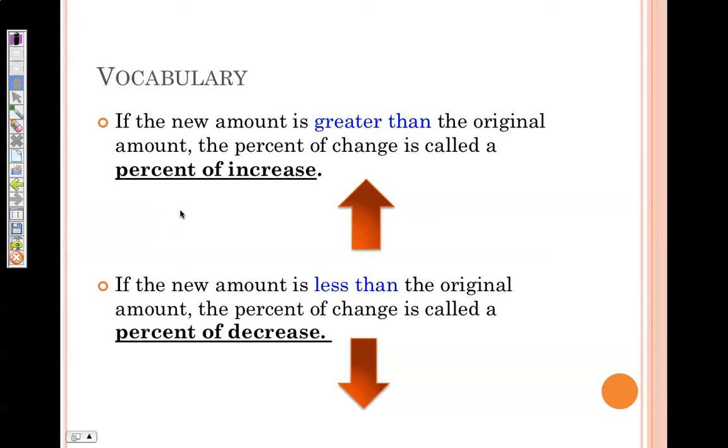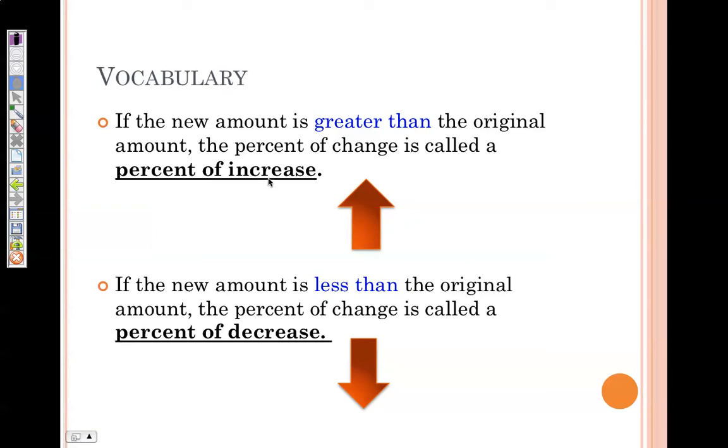All right, just a few more blanks to fill in below your formula. It says if the new amount is greater than the original amount, the percent of change is called a percent of increase. If the new amount is less than the original amount, the percent of change is called a percent of decrease. So this makes sense.